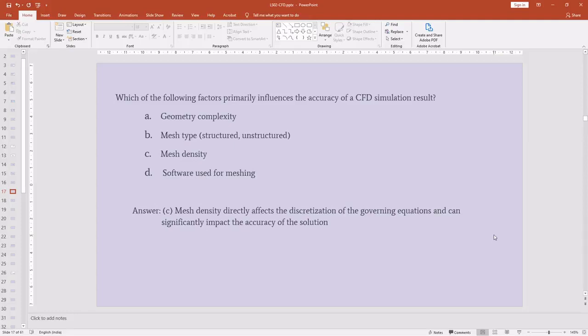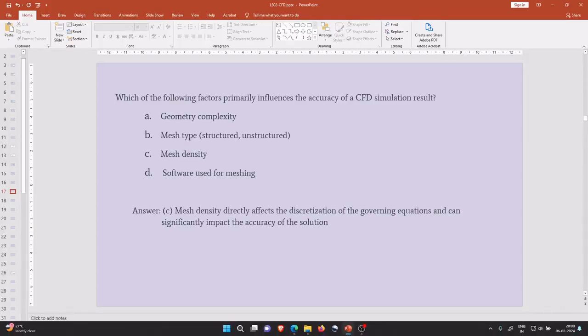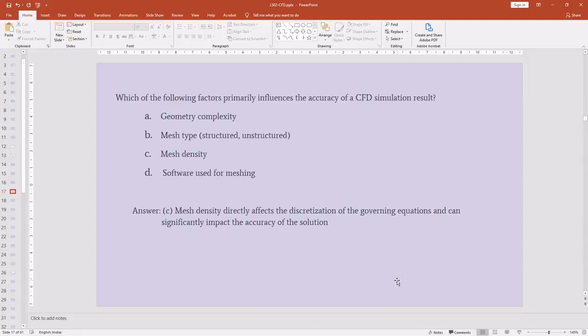So the next question is, which of the following factors primarily influence the accuracy of a CFD simulation result? Options are geometry complexity, mesh type, mesh density, and software used for meshing.